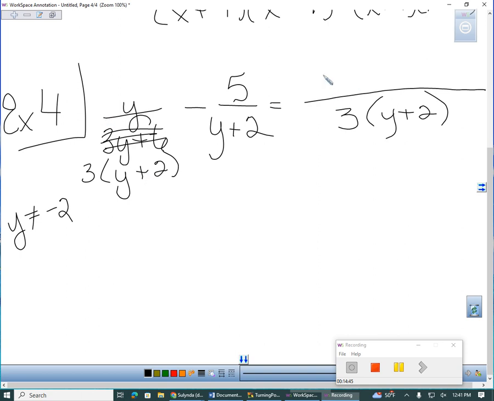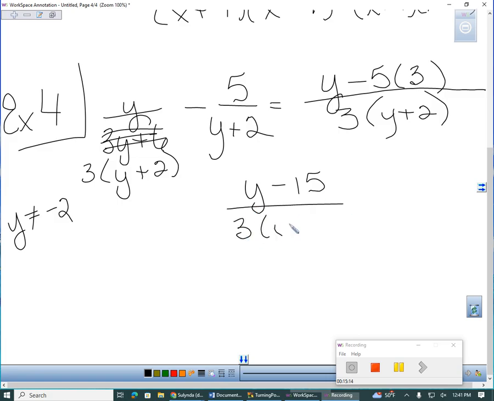So I just get to write down y. My middle process is minus. I have 5, and what does 5 have to be times by? 3. Good, it has to be times by 3. So on the top, I get y minus 15. On the bottom, I get 3 times y plus 2. And we can stop right there.